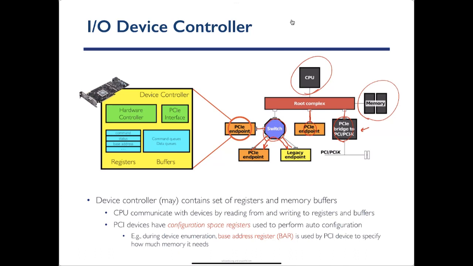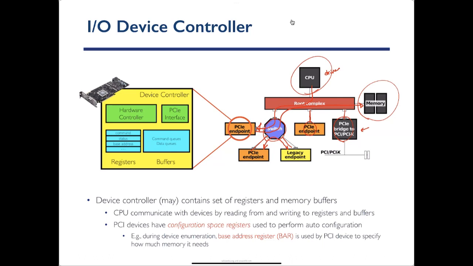So this allows, if you're running your driver on the CPU, your driver to communicate with your device. And let's say if you set up a DMA, then your device can communicate directly with memory as another endpoint to write or read from or to the memory.